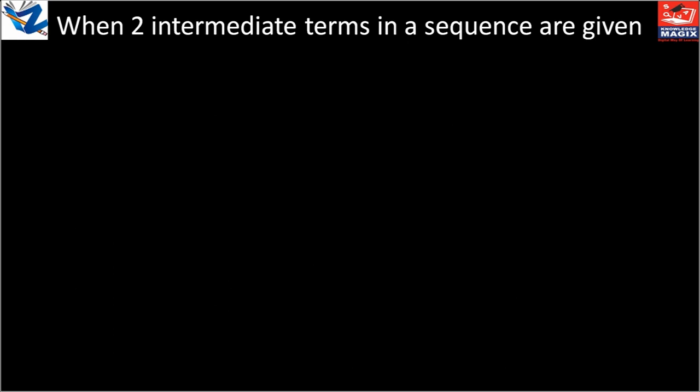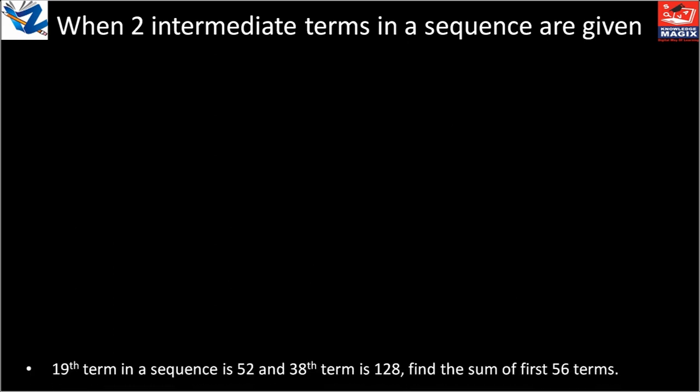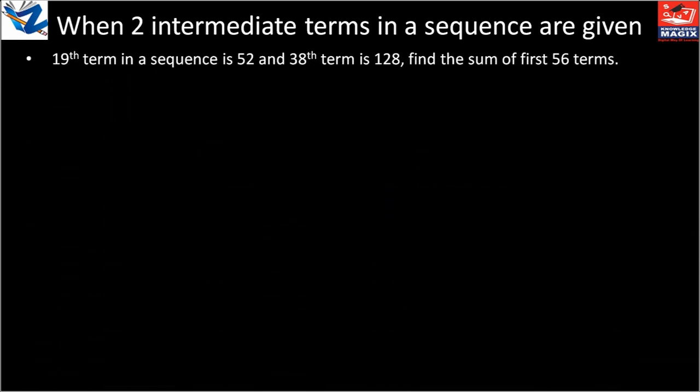When two intermediate terms in a sequence are given. 19th term in a sequence is 52 and 38th term is 128. Find the sum of first 56 terms. Given T19 is equal to 52 and T38 is equal to 128.